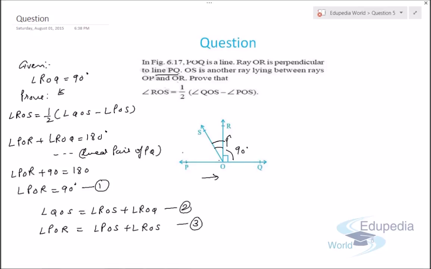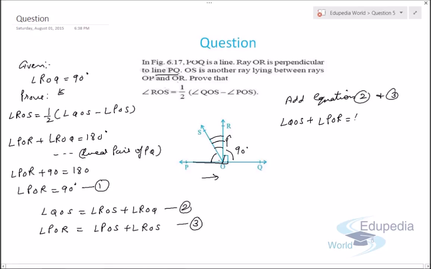Let it be 3. Means this complete angle, angle POR, can be written as this angle plus this angle. So if we add equations 2 and 3, what we get is angle QOS plus angle POR equals angle ROS plus angle ROQ plus angle POS plus angle ROS.